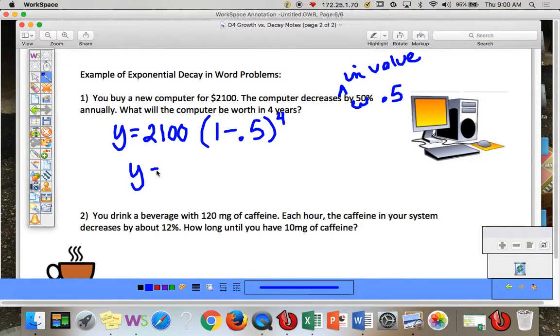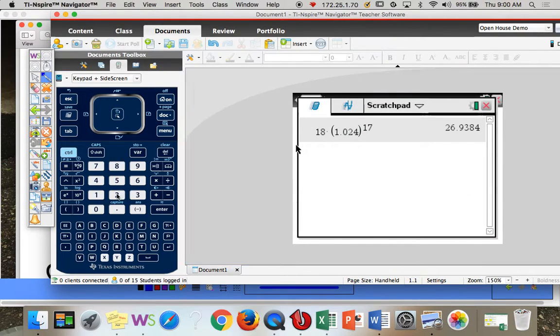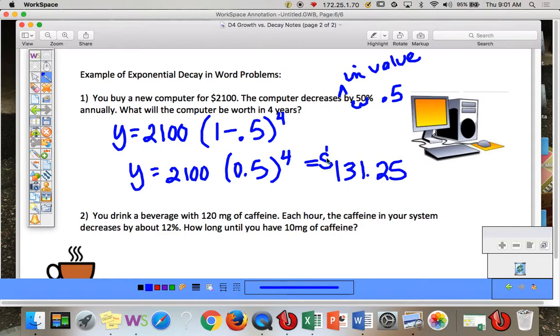So here's what it looks like. 2,100 times 1 minus 0.5, which is 0.5, to the 4th power. We can type that in our calculator. 2,100 times 0.5 to the power of 4, and our computer will only be worth $131.25 in 4 years.